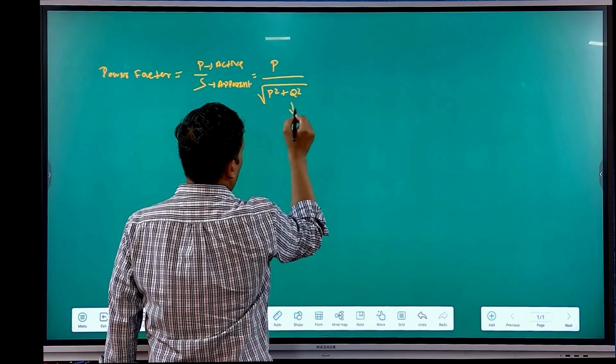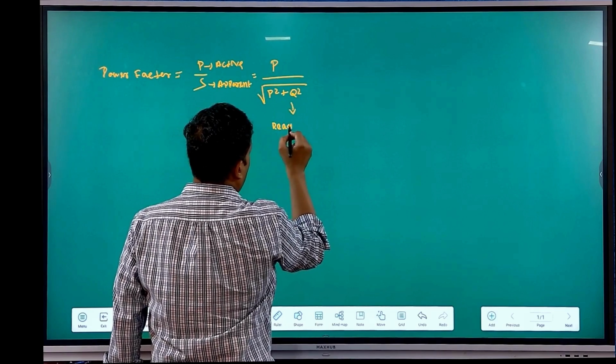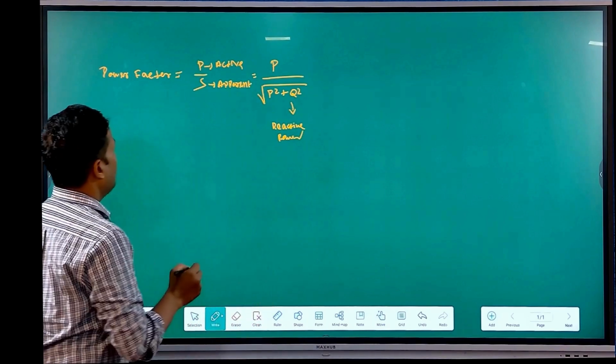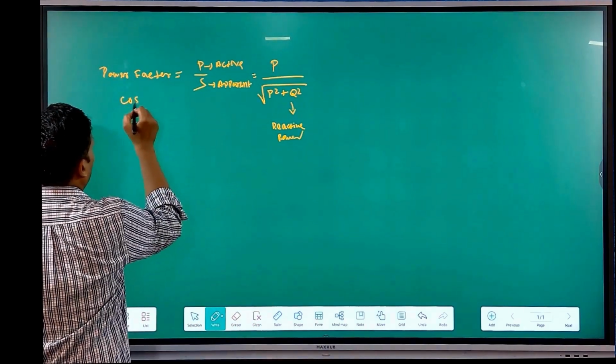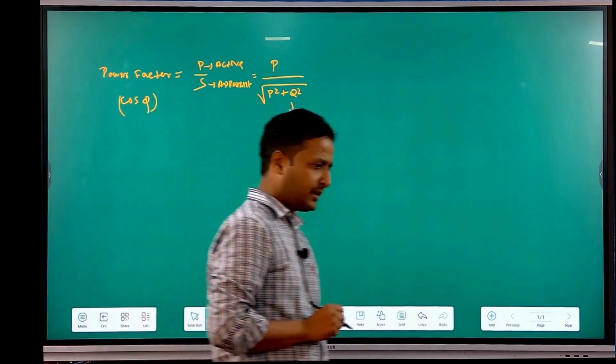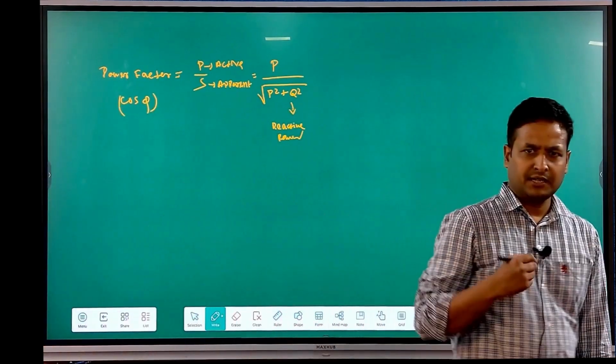And what is Q? Q is known as reactive power. The power factor can be written as cos phi. So, what is the operating power factor in the case of an induction machine and a synchronous machine?